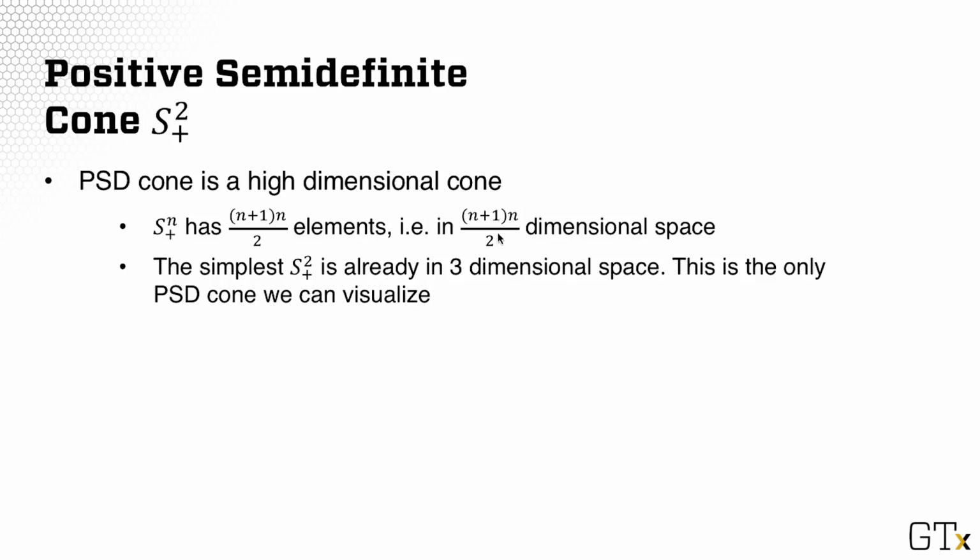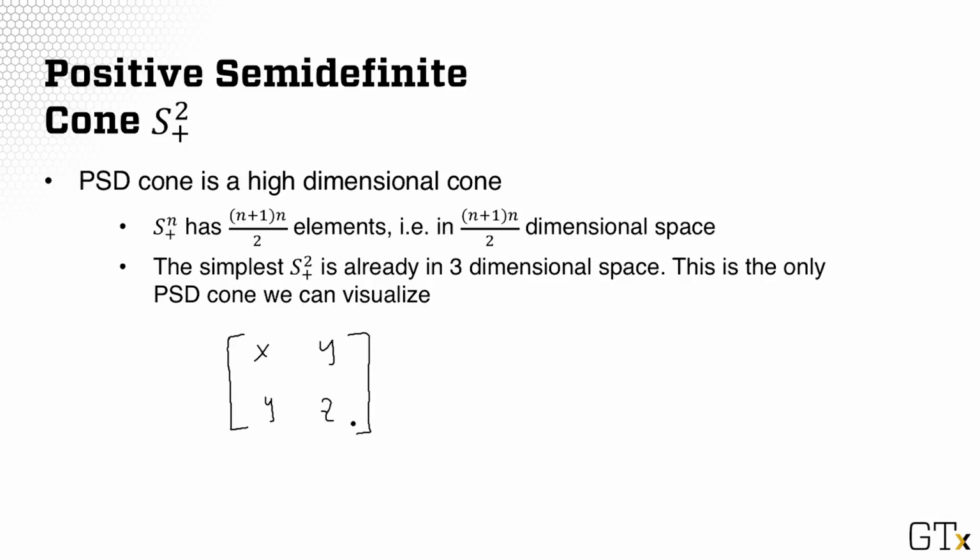The simplest one that's coming out is n equals 2. n equals 1 is not interesting at all. So n equals 2 is interesting. n equals 2 is the 2 by 2 matrices. And a 2 by 2 positive semi-definite matrix has 3 independent components. Let me write it here: x, y, y, z.